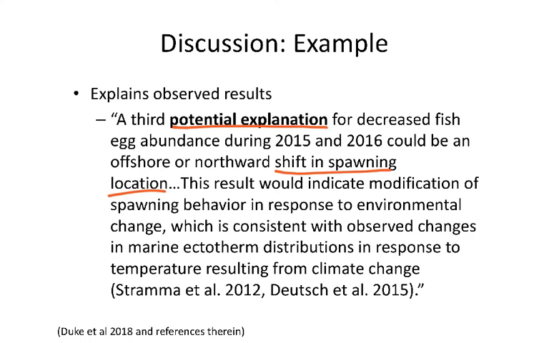Animals are moving along with them in order to track or get away from that warmer water. But in general here, for this example, they're talking about potential explanations for the results that were observed. So you're not just saying the results, you're explaining them a little bit more.